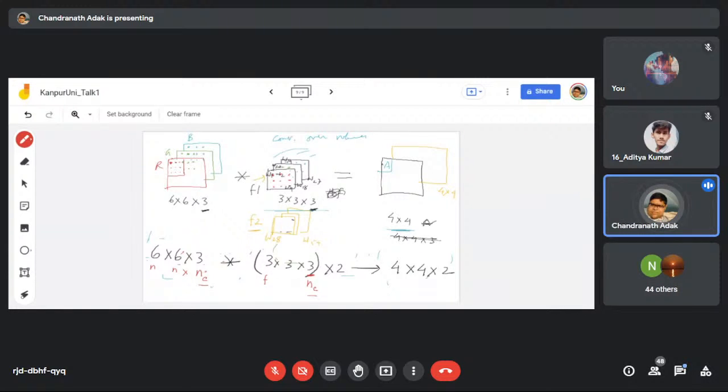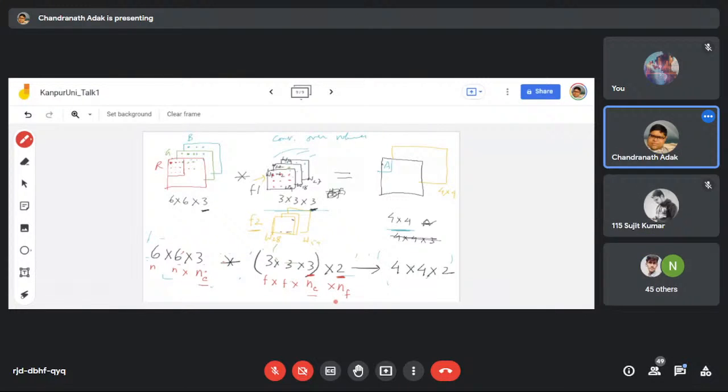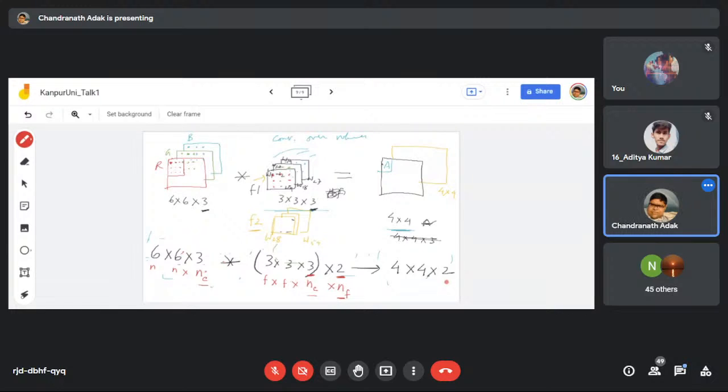And this is your filter size, F cross F. And this 2 is your number of filters, which I will write as NF. So this NF and this NF should be the same. And here this 4 is actually your output size, M cross N cross 2. Any doubt with anyone at this stage?